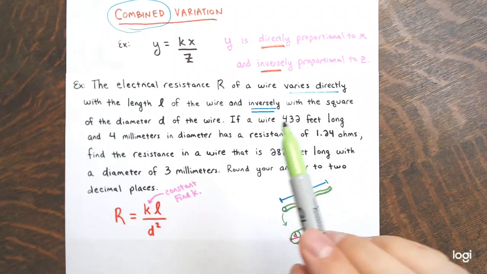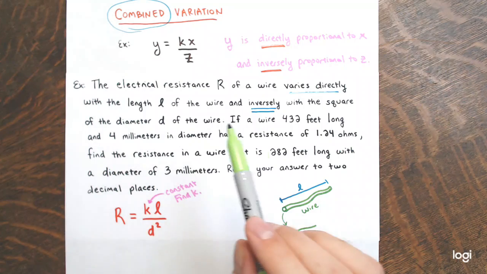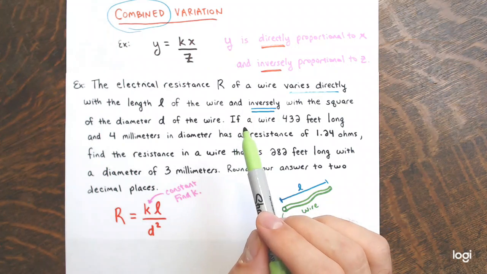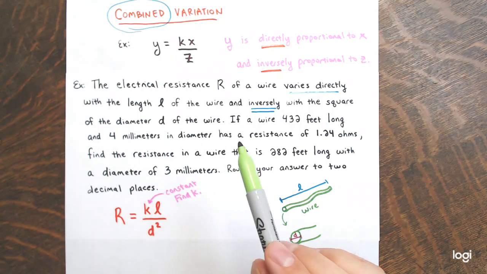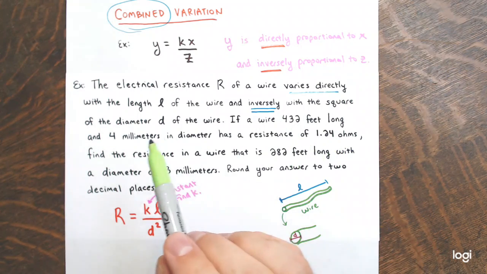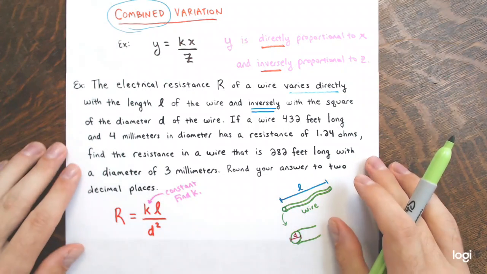Okay, so forget the part where they ask us to find something. If a wire that's 432 feet long and 4 millimeters in diameter has resistance of 1.24 ohms, they gave us three numbers for these three variables.